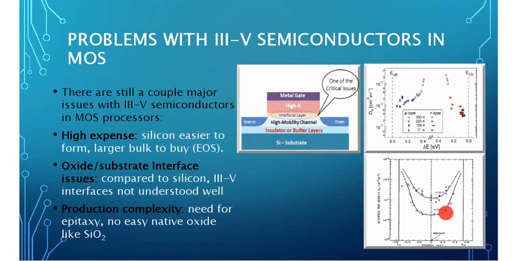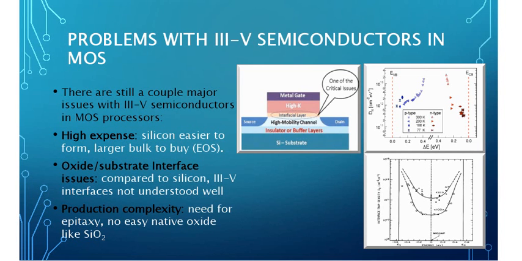In addition, you have production complexity. With III-V materials, you have this increasing need for molecular beam epitaxy, and that's a very expensive process, as opposed to silicon, which forms a native oxide of silicon dioxide.